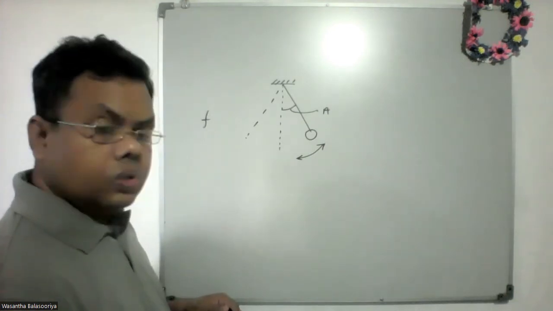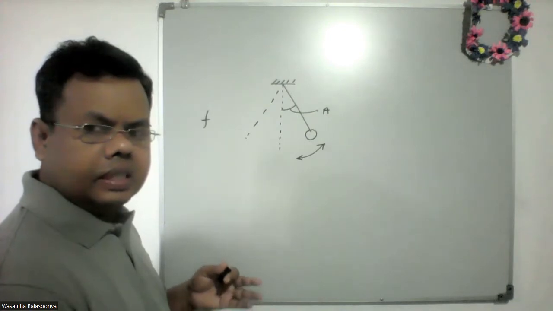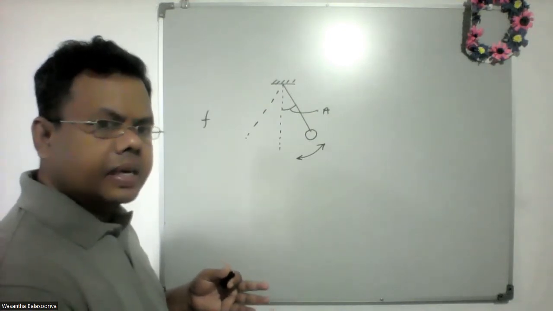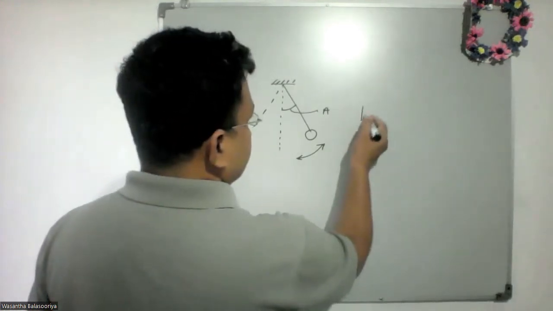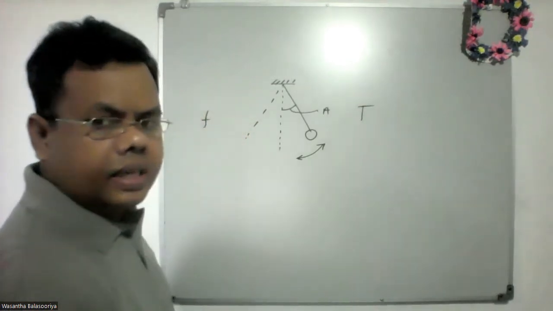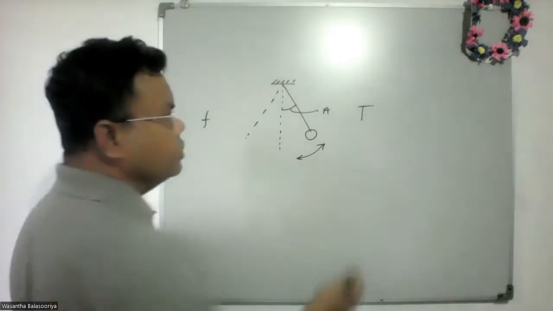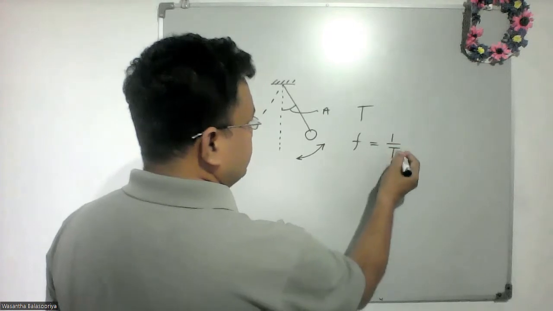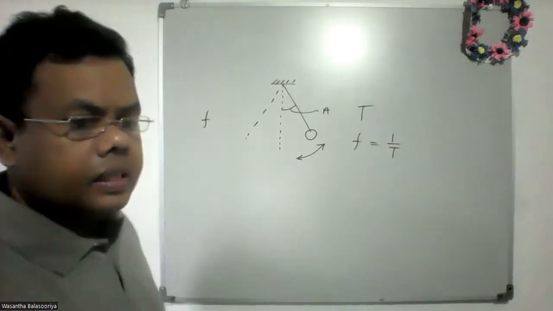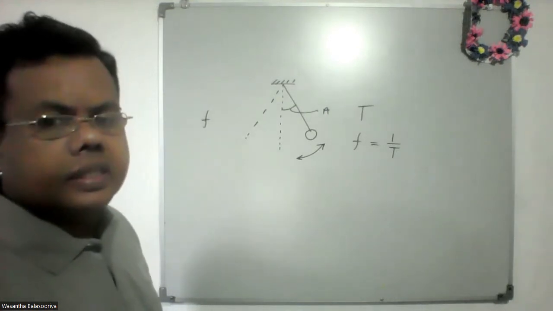And also there's a period of time, that is the time taken for completion of one cycle. As usual, the relationship between frequency and time, we know f will be equal to 1 by T. f is measured in hertz, the period T is measured in seconds.